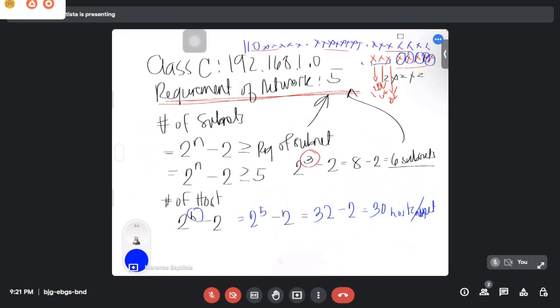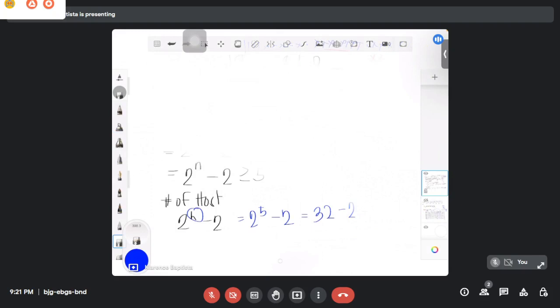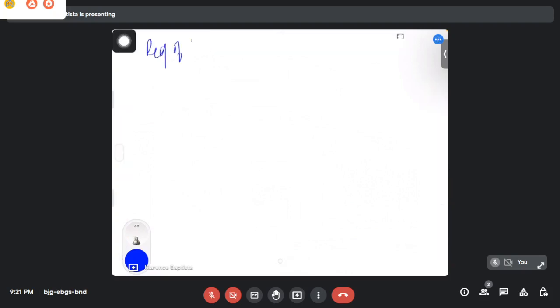Ngayon, identified na po natin. So, ulitin ko lang, no? So, requirement of network is 5. So, we have 192.168.1.0. Okay?